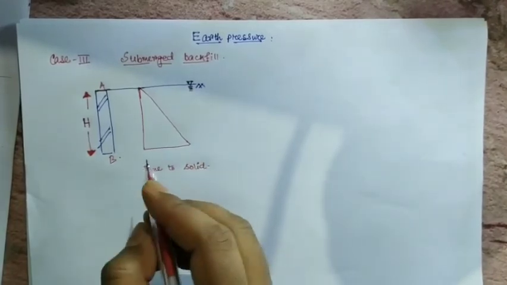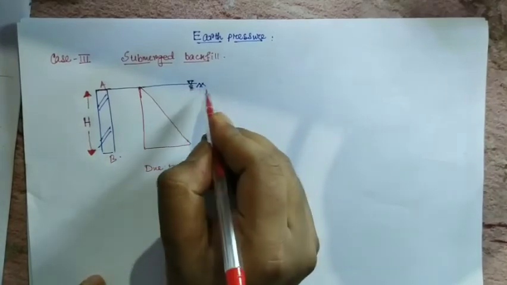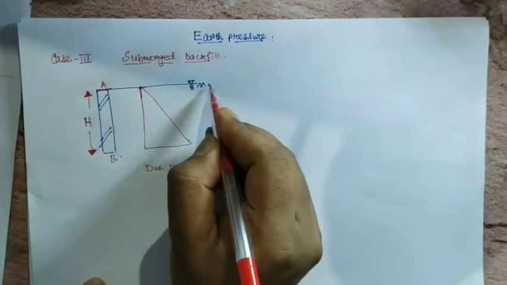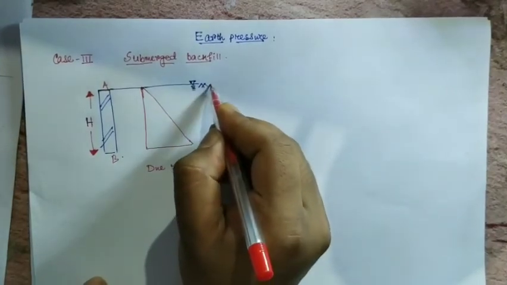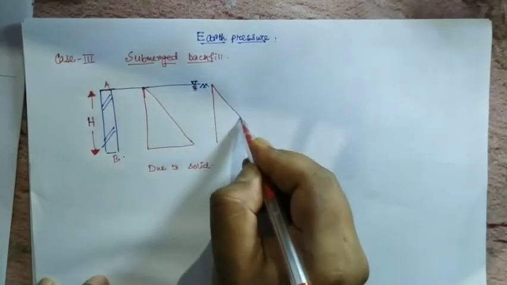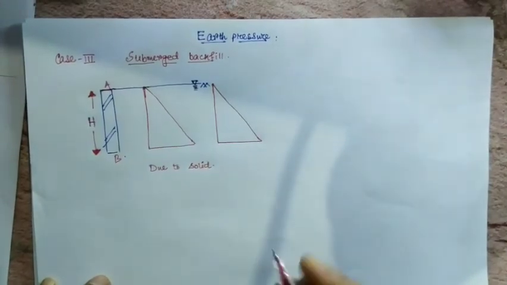Okay, so because water is also present here, there is another pressure, which is called hydrostatic pressure. That means water pressure, and it will also be a triangular shape.